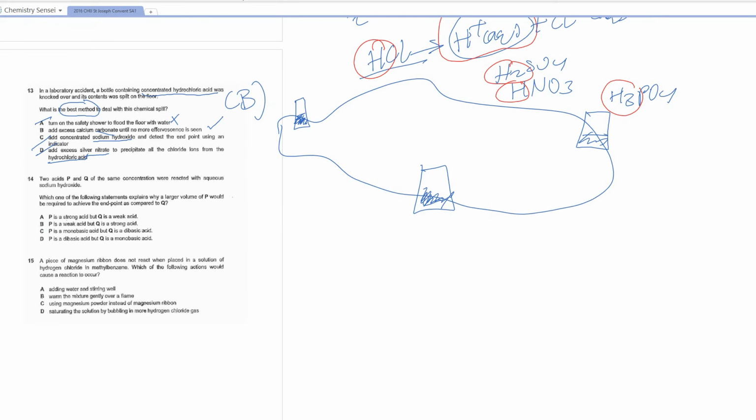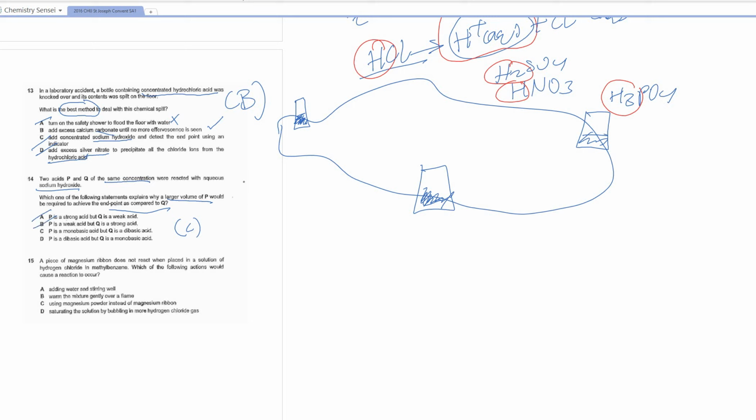Question 14. Two acids P and Q of the same concentration were reacted with aqueous sodium hydroxide. Which of the following statements explains why a larger volume of P would be required to achieve the endpoint as compared to Q? So the correct answer is option C. Why? First, you need to know that option A and B cannot be the answer.